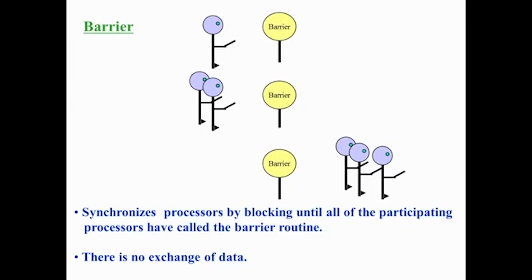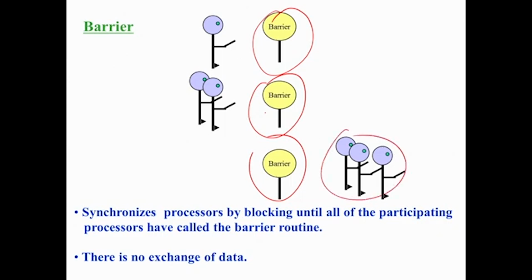Before we wind up today, this is how a barrier works. There are 3 processors. I put one barrier here in all the 3 programs. When somebody comes to a barrier, he will stop. This fellow comes to the barrier, he will stop. This fellow also comes. When all the 3 fellows reach the barrier, all the 3 will move out.